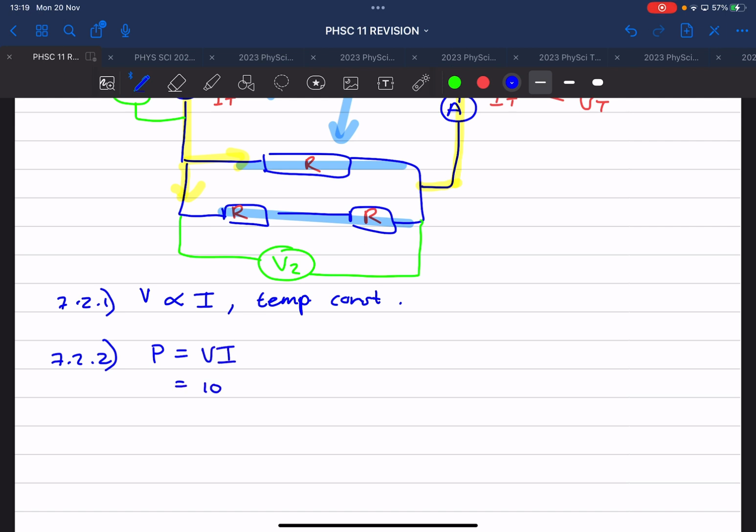The volts is 10. I want the current. The current 20. En wat kry jy 3 ampere, hè?